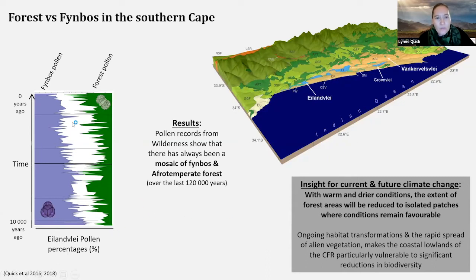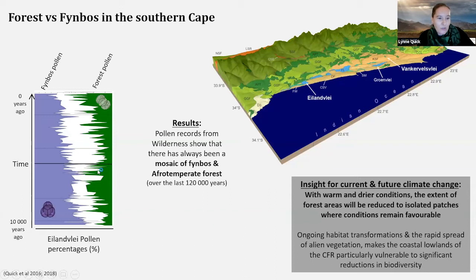We see that there was this mosaic of fynbos and forest pollen within this region. So if you read some of the historical archives where people thought that maybe the whole of the Knysna area was a lot more forested during the past, it seems that this more mosaic type of vegetation was always in existence here.